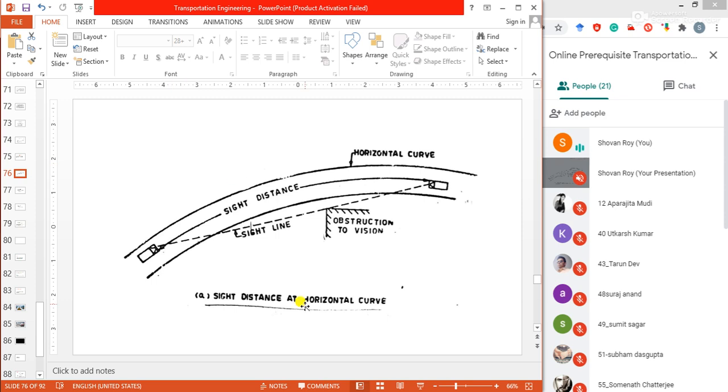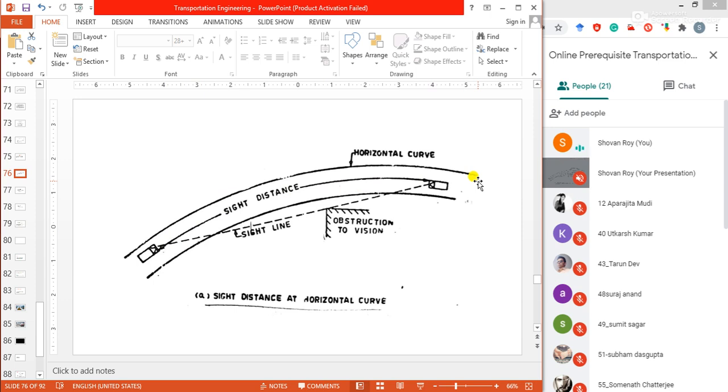Suppose this is the sight distance at a horizontal curve. This is the plan of the horizontal curve of a pavement or carriageway. You can see one vehicle is coming from the left side and another from the right side. The distance along this road, along this curve, this length, is called the sight distance.